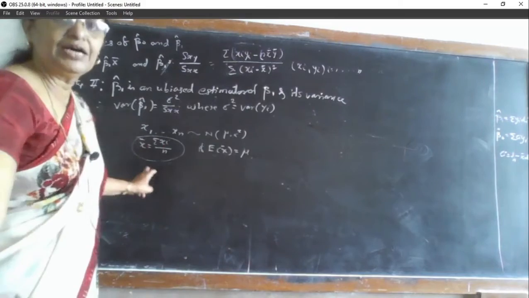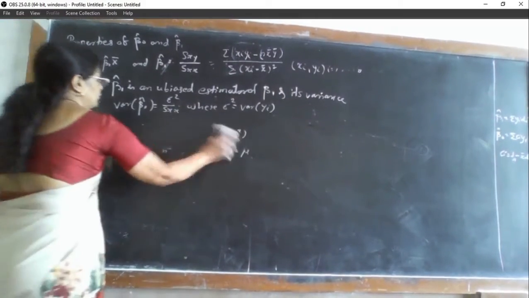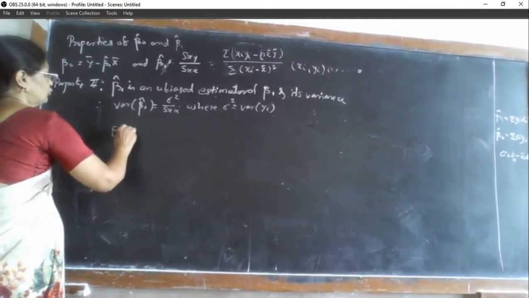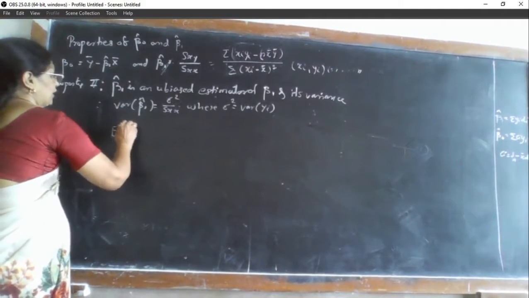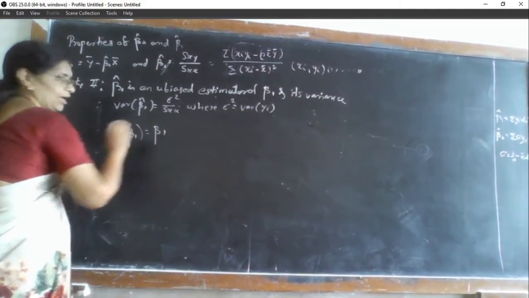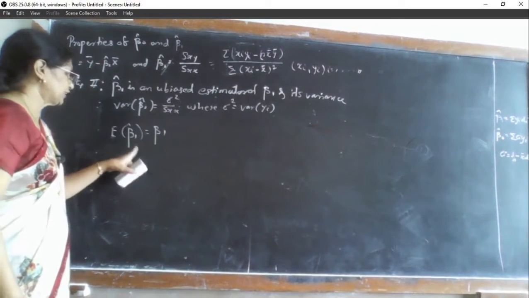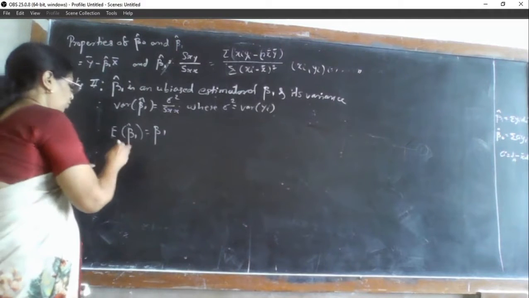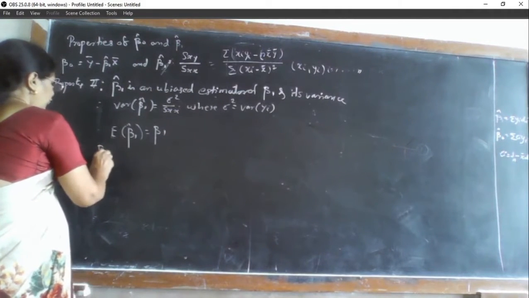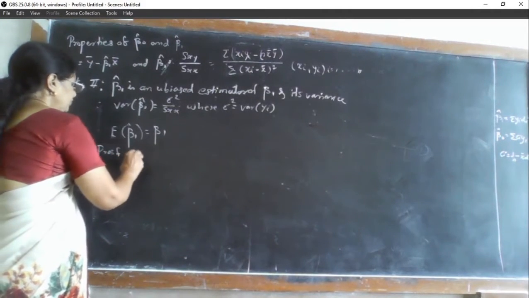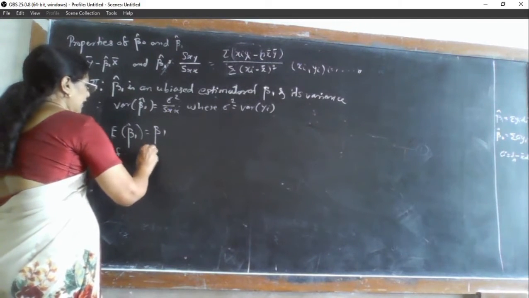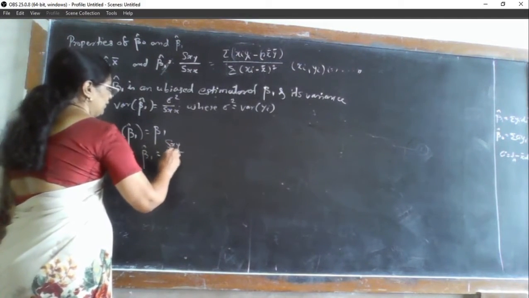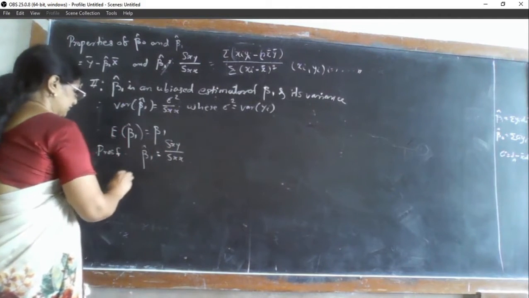Now similarly here we will show that expected value of beta 1 cap is equal to beta 1. We will prove this. So let us have the proof of this. Now, what is your beta 1 cap? Beta 1 cap is Sxy upon Sxx.